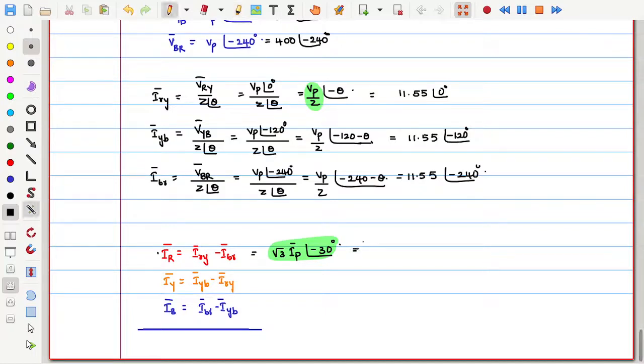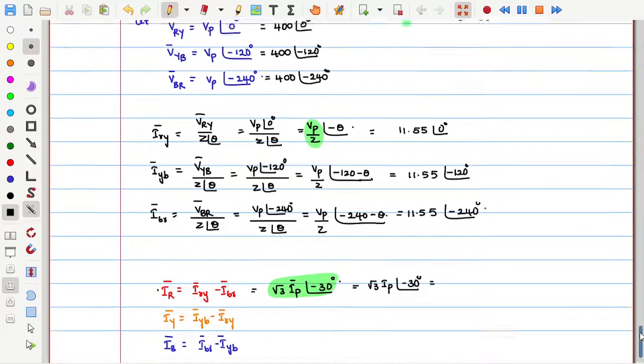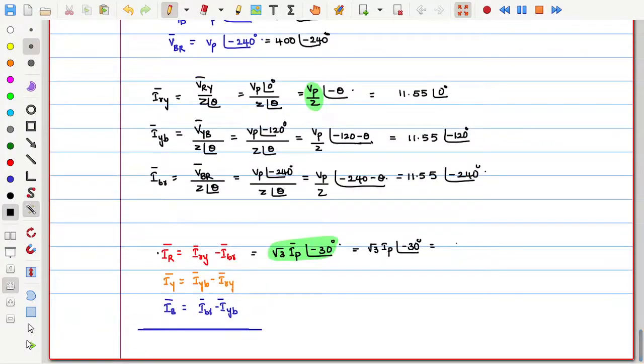So let me directly write. Root 3 times IP is the line current, at an angle of minus 30. Line current is already known. How much is that? 20 amperes. So root 3 times IP is 20 at an angle minus 30 degrees. Similarly, you will get this as 20 at an angle minus 30 minus 120, which is equal to 20 at an angle minus 150. How am I writing directly? See this.